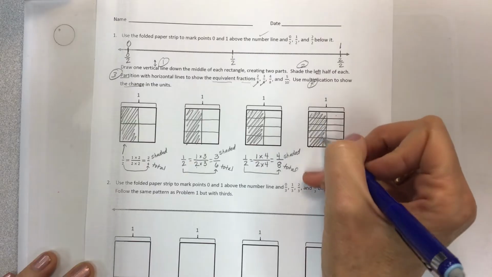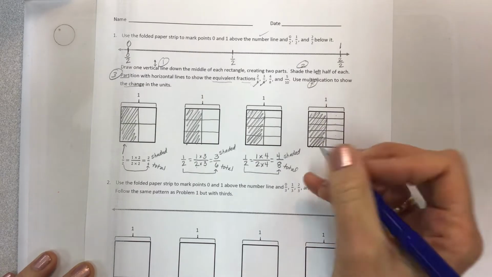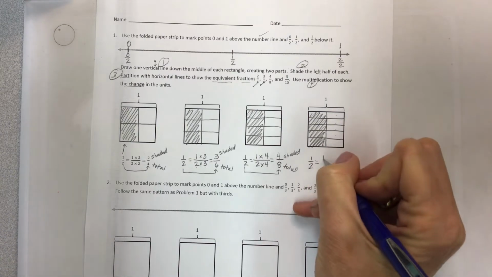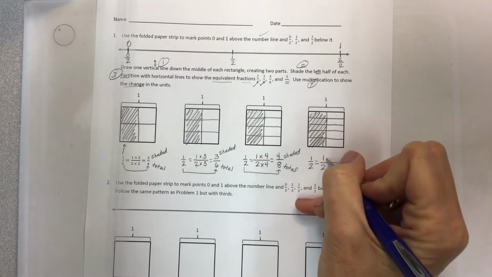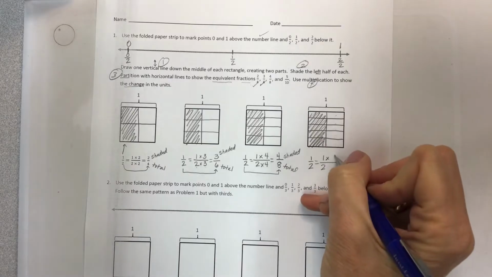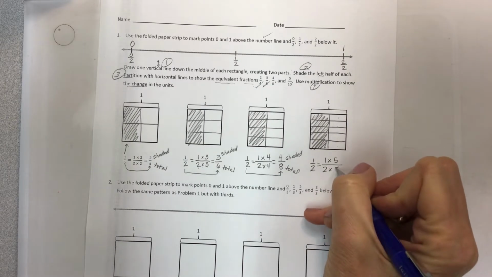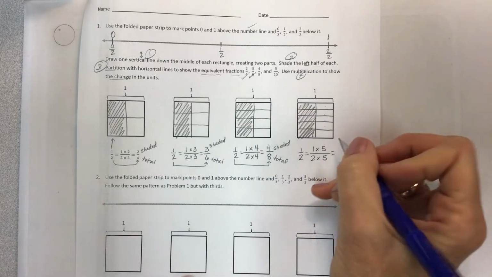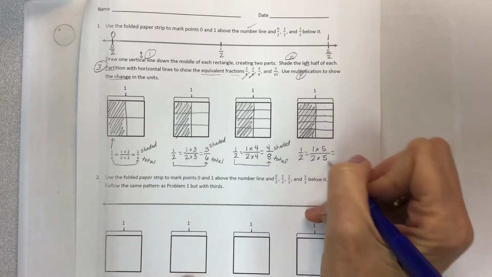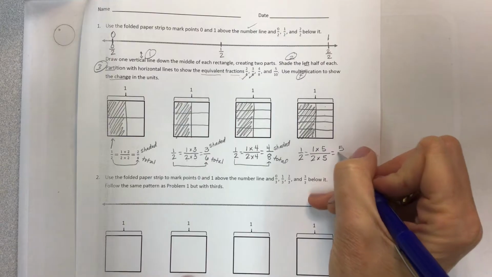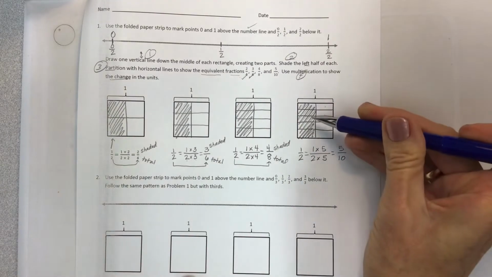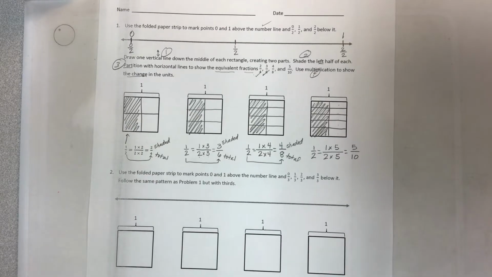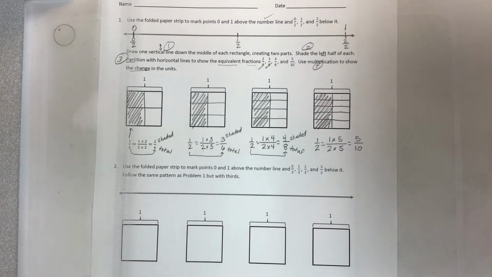Because now I need to have 5 that are shaded and 5 that are unshaded. So take that 1/2, do your 1/2, but times what? How many sections? 5/5. And now I have, instead of 1 group of 5, the 2 groups of 5 for 5/10. And again, 5 shaded out of a total of 10. So that is how you do number 1.